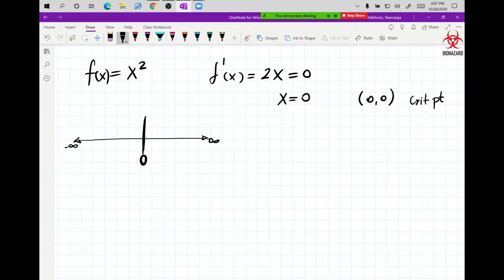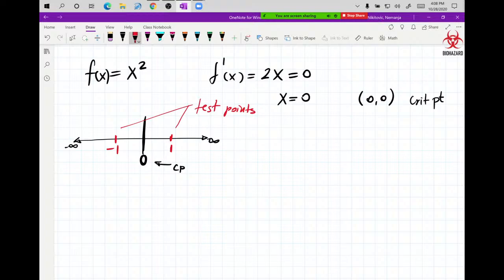In this case, we only have one critical point, which is 0. That's the critical point. Then you pick a test point in each region. So you pick the test points.